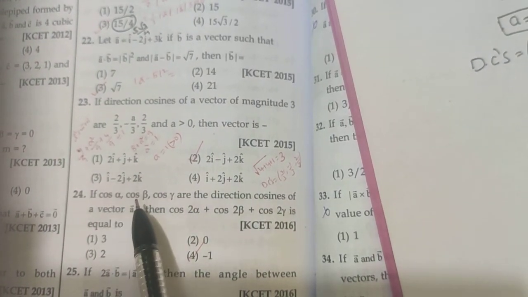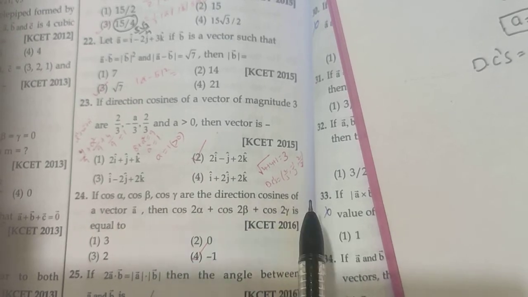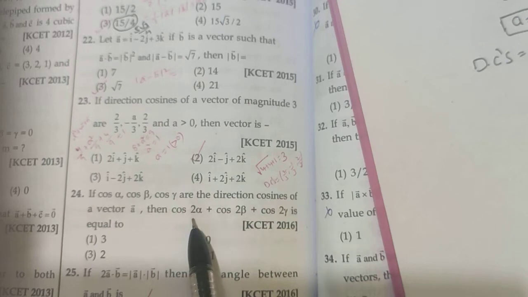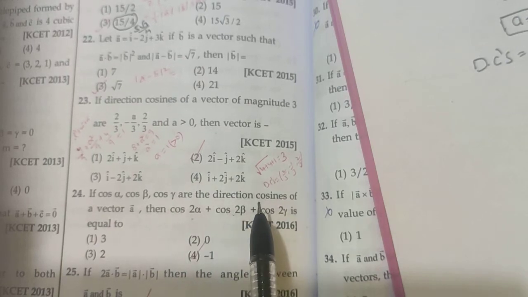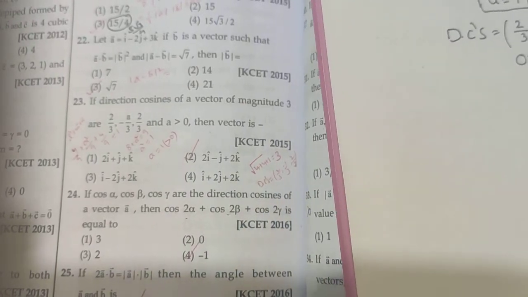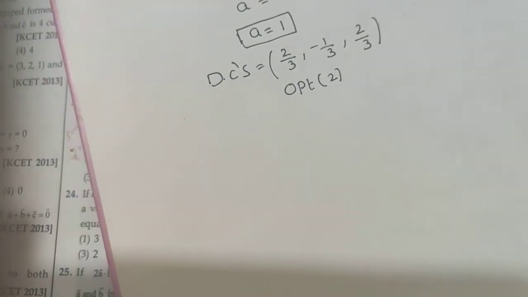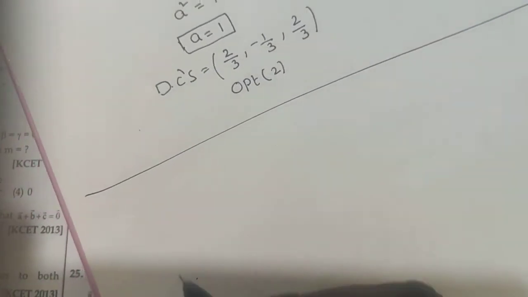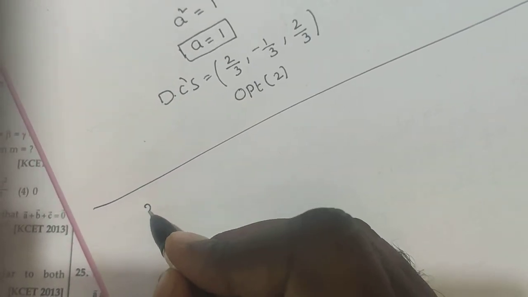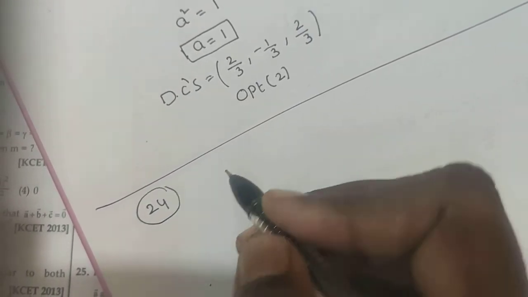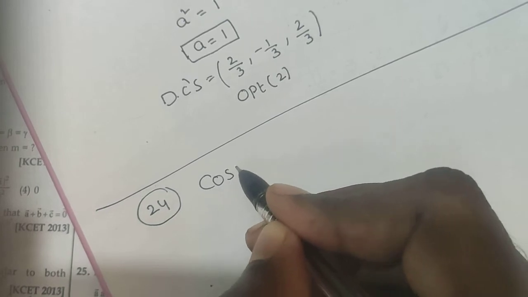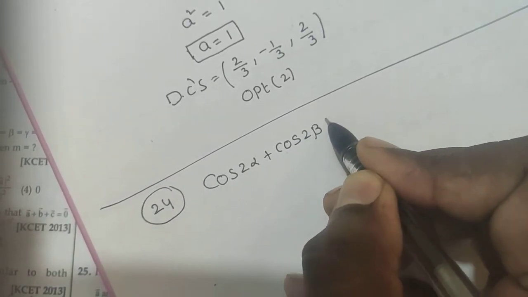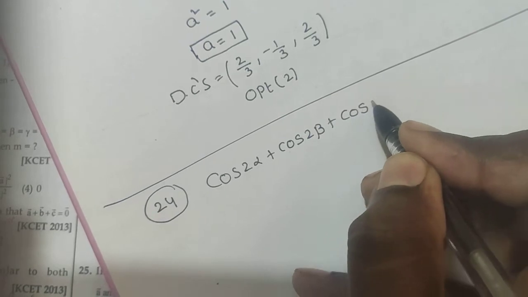If cos alpha, cos beta, cos gamma are the direction cosines of a vector a bar, then we need to find cos 2 alpha plus cos 2 beta plus cos 2 gamma. Okay, that is question number 24. Let us see, we will discuss question number 24. We need to find cos 2 alpha, cos 2 beta plus cos 2 gamma.